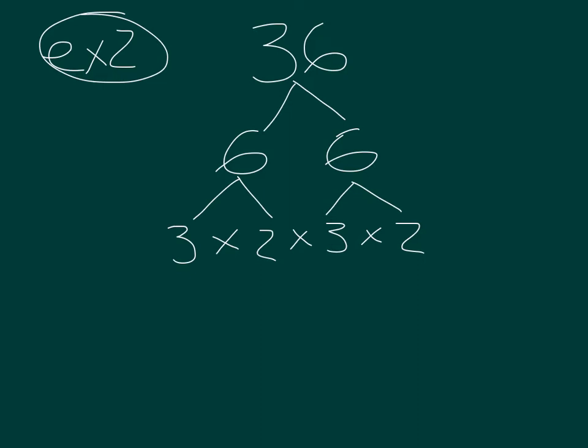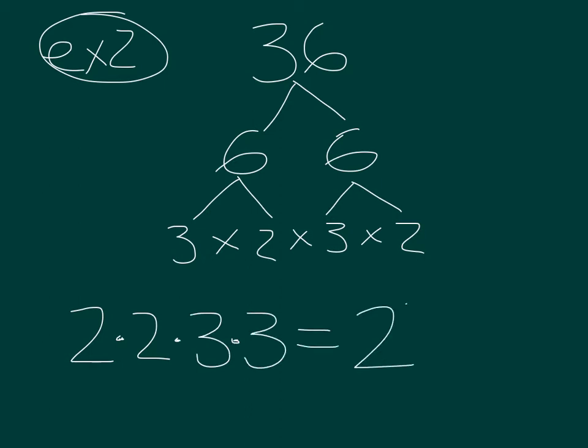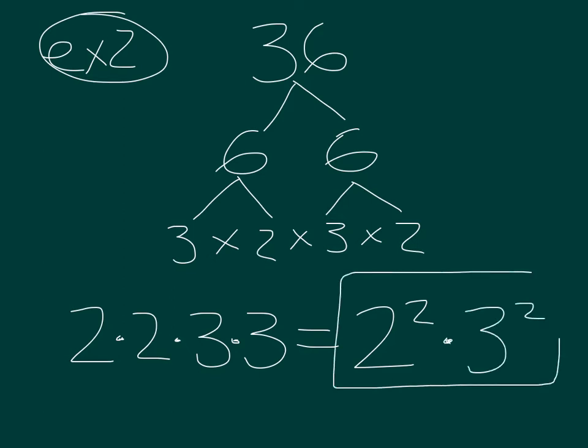But when they write a prime factorization, they actually put these in order from least to greatest. So 2 times 2 times 3 times 3 is one way to write it, and then they'll do this with exponents. 2 to the second power times 3 to the second power. So when they do prime factorization, that is what they're looking for.